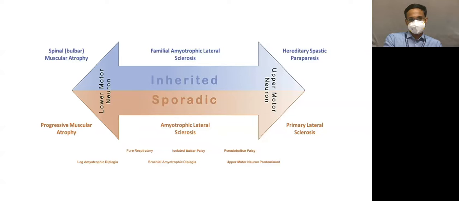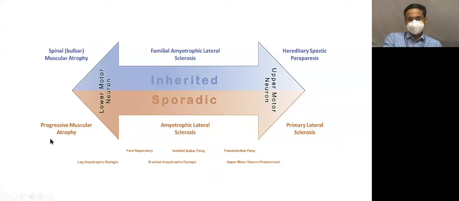However, it is important to understand that there are other variants, and we classify them based on whether they have an inherited etiology, that is, if they have a positive family history, other siblings being involved, or if they are sporadic onset. And we divide them further, whether they are lower motor neuron dominant or upper motor neuron dominant. Based on that phenotype, we classify them into different kinds.